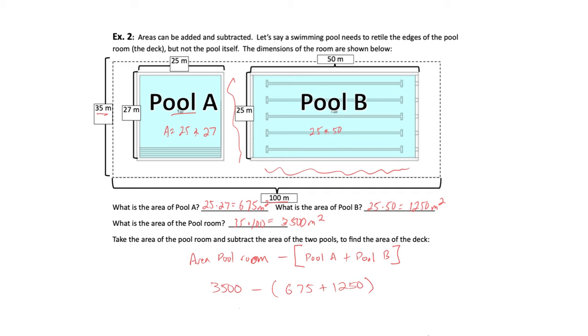So we get a total of 475 meters squared, and that would be the area inside the deck or the pool room that isn't part of pool A and B. And that's the parts that we have to tile.